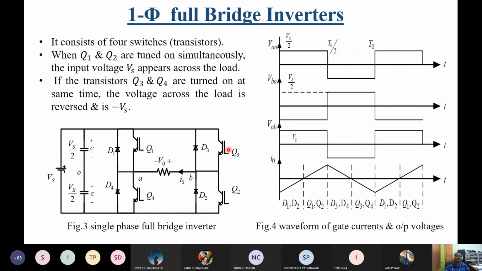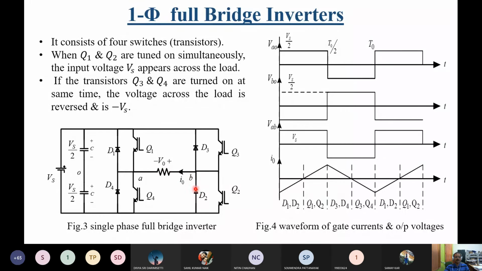Now Q1 and Q2 are on, and the load is purely inductive. Current will flow through like this. Now when these two are off, current does not instantaneously go to zero. It will continue to flow in this direction.